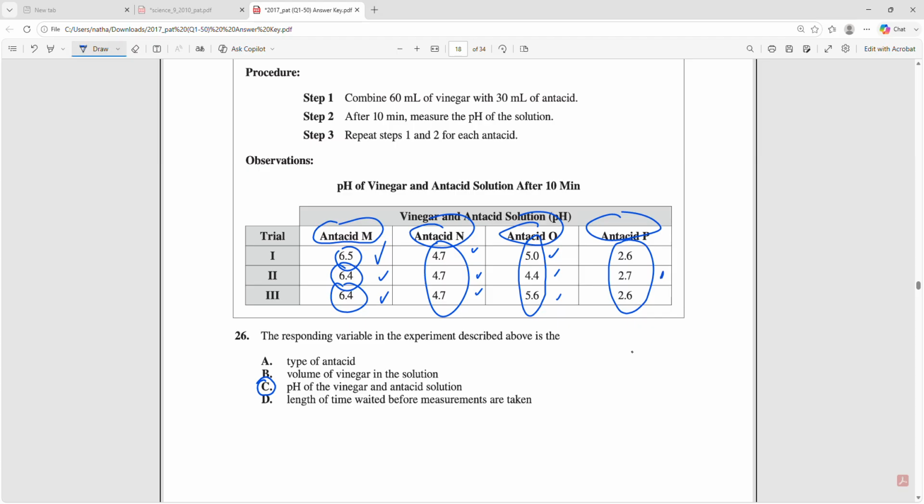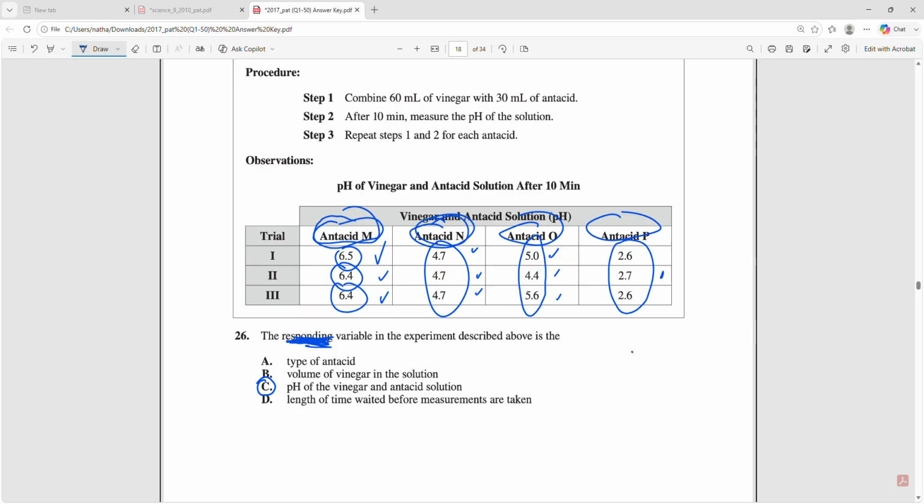So the responding variable in the experiment described above is, so responding variable, or also sometimes called the dependent variable, because it depends on the thing being manipulated. It's the result. Responding variable is a very good term. It's the one that responds from the thing that's done. And what's the thing that's done? What's different is we try different antacids, right?